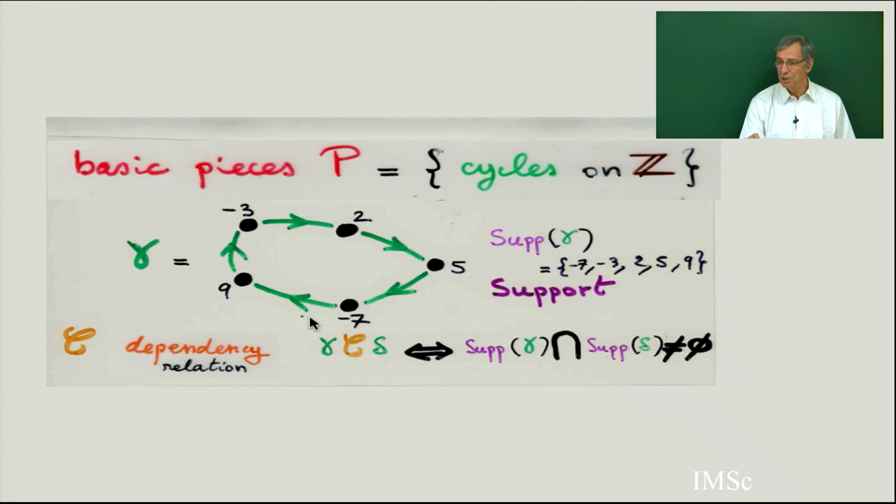You don't say what is the starting point of following this cycle. Just think of the permutation written as a union of disjoint cycles. The support of the cycle will be the underlying set of vertices. And the dependency relation is that 2 cycles are dependent if and only if their underlying supports are not disjoint.